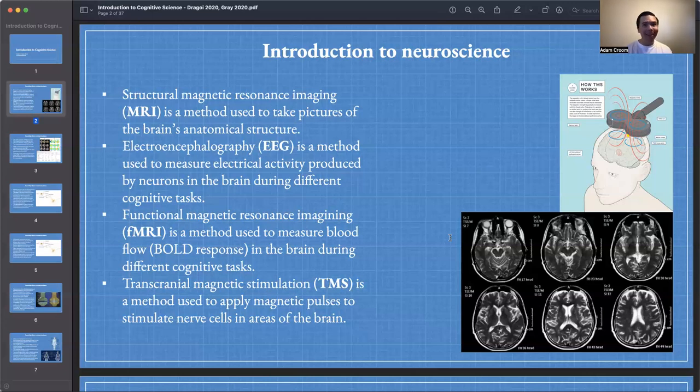Okay, another way to say that is that temporal resolution is excellent for EEG, but a relative trade-off is that spatial resolution is not so great compared to fMRI. So fMRI and EEG have opposite strengths and weaknesses.